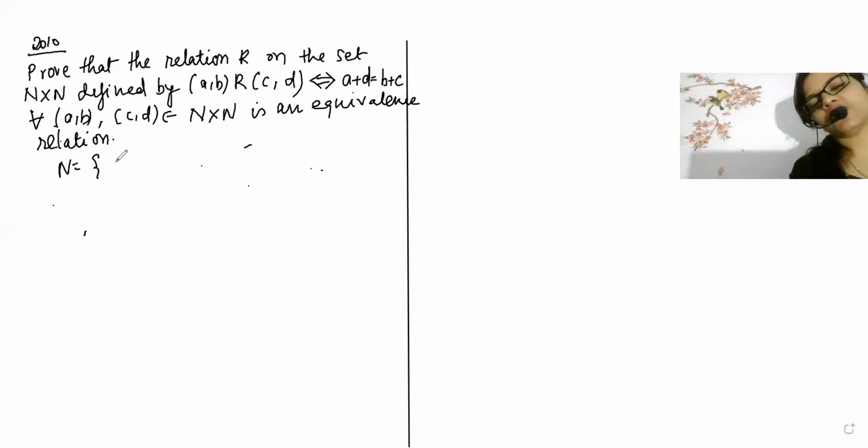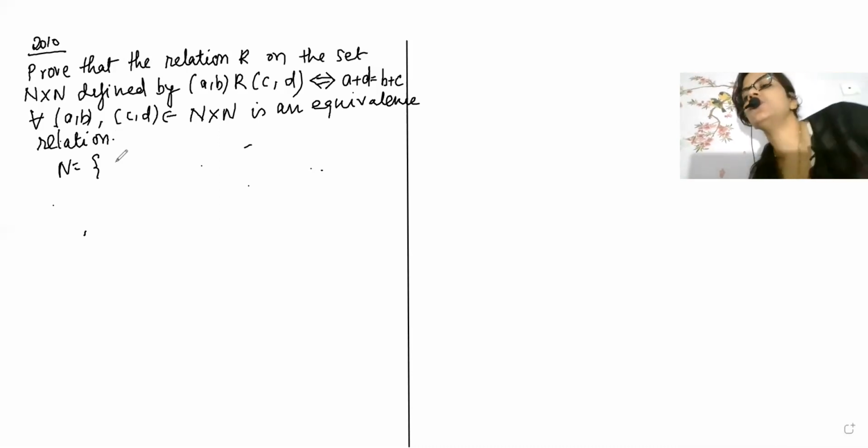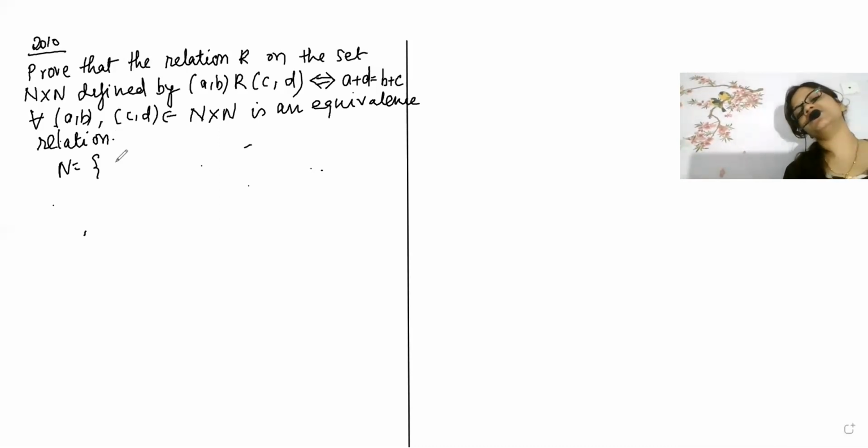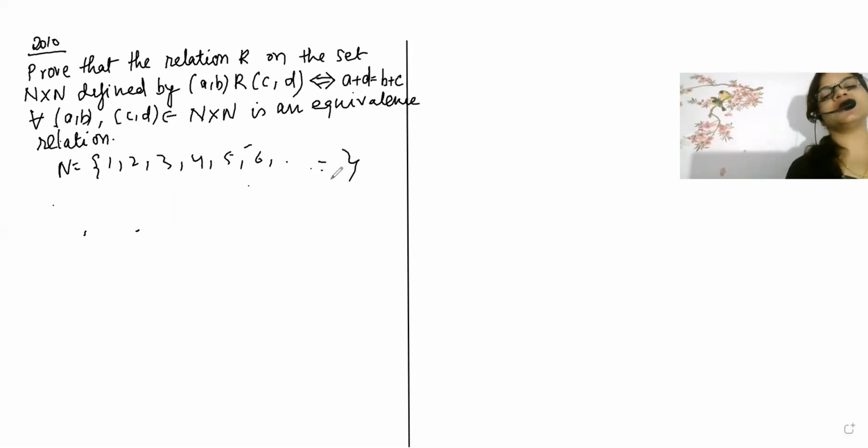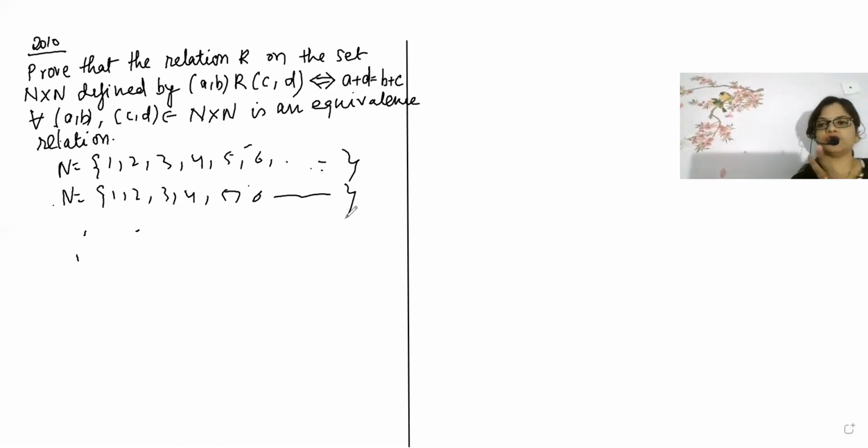If N is the set of natural numbers, then we will take any particular number from N, say 2, comma 3, particular numbers from N. But if we take a variable from N, then N can be written as 1, 2, 3, 4, 5, 6. First I'll let you understand what N cross N is. Then again N will become 1, 2, 3, 4, 5, 6, which is a set of natural numbers.